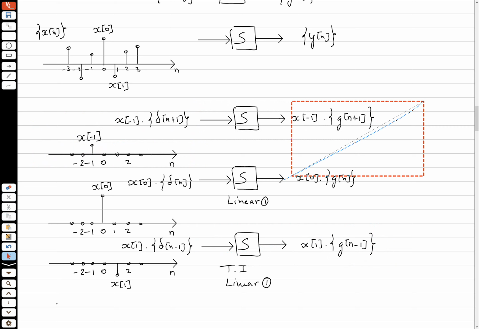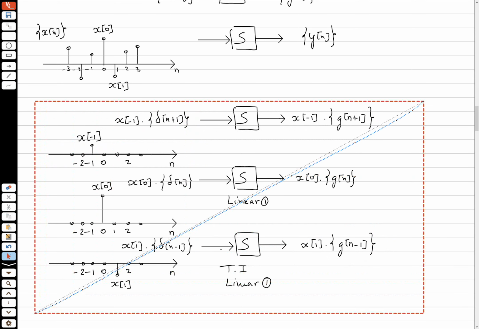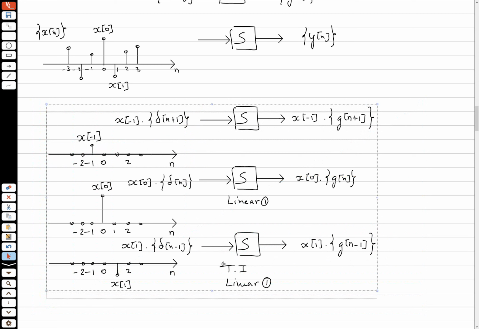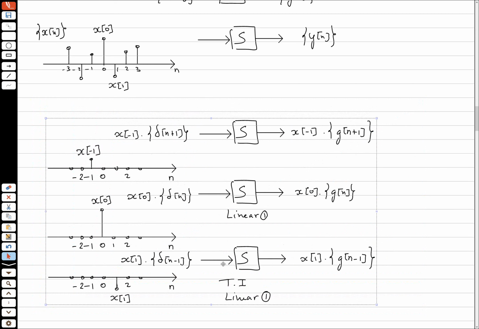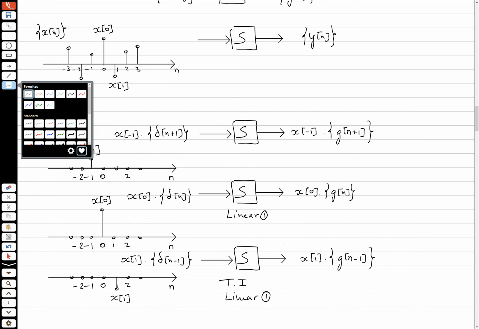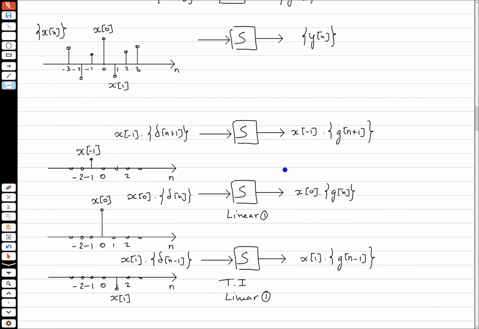But you can keep on doing this with negative shifts and positive shifts.